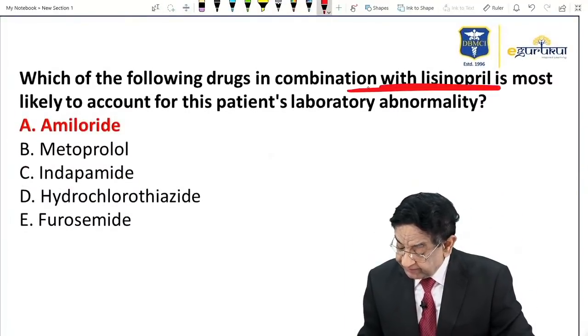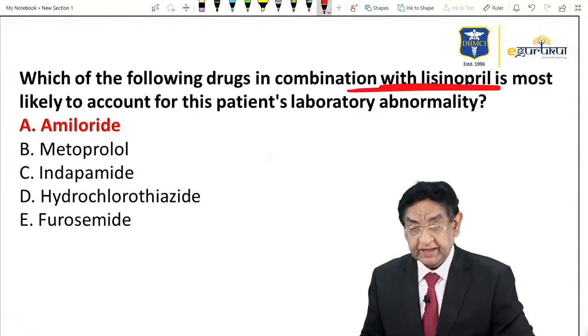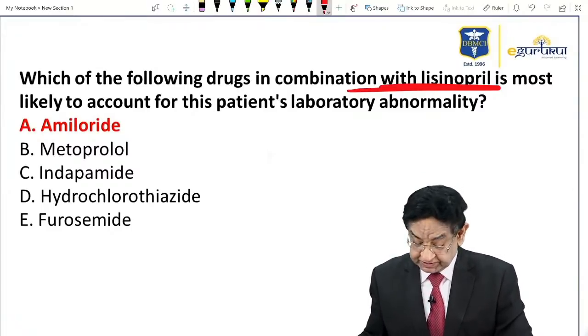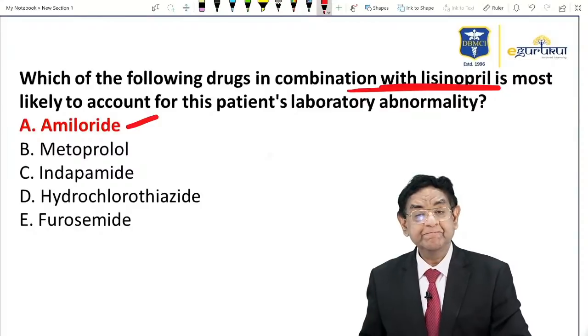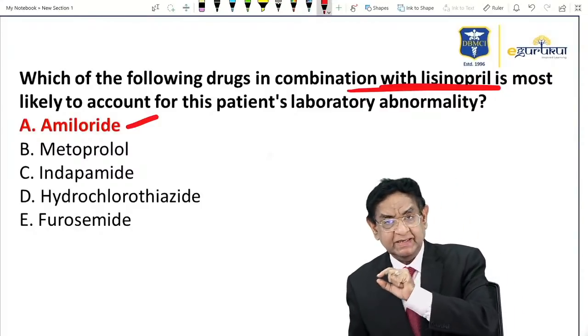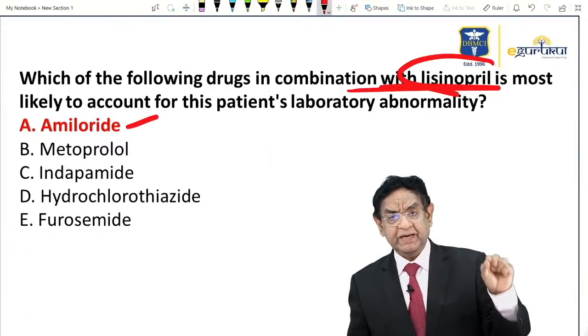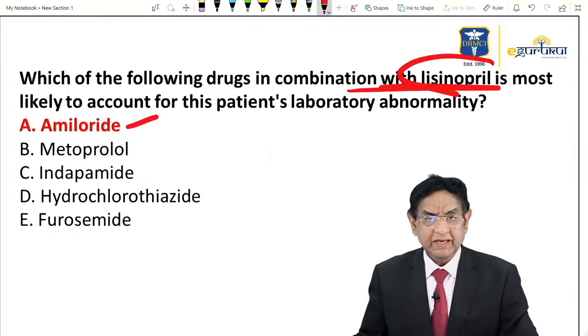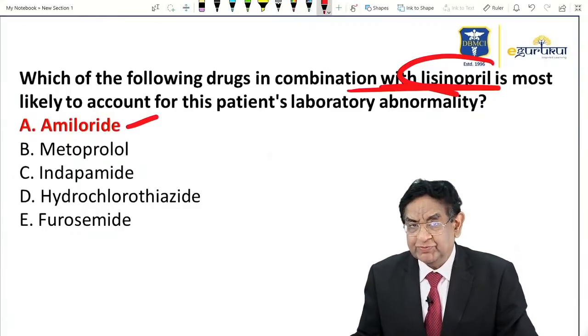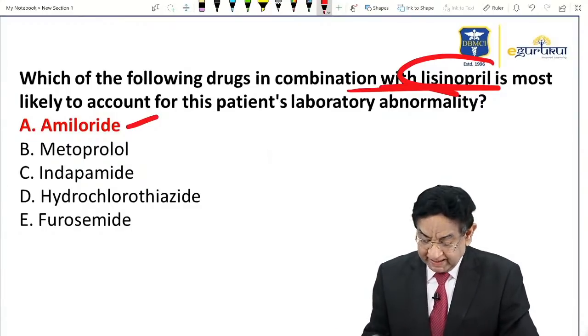And if you add lisinopril, which drug can do this? Amiloride. What he is asking is, we learned in the previous question that lisinopril leads to hyperkalemia. Now, which other drug, if we add it, is going to cause hyperkalemia? So if you look into the causes of hyperkalemia, amiloride was the one.